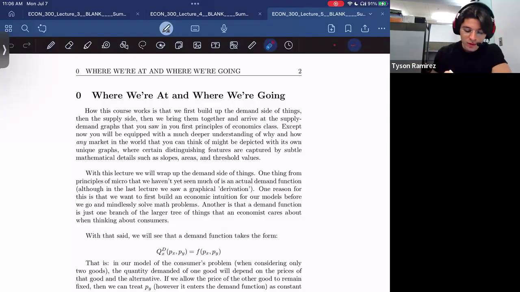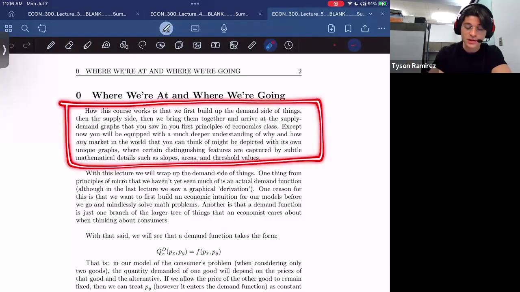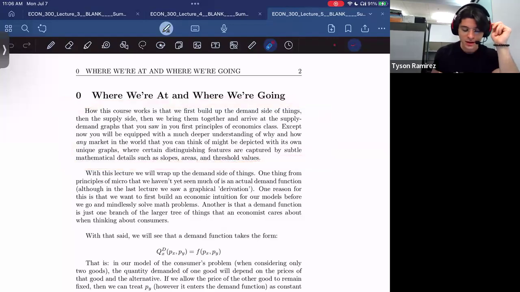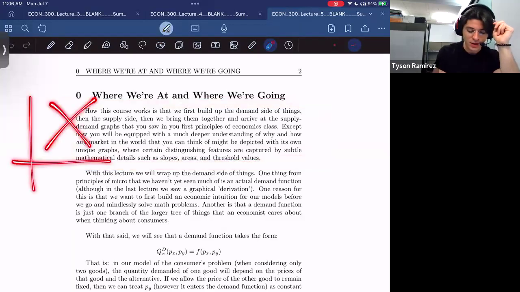But what I really want to emphasize is that the first thing we're going to do, and we have been doing, is building up the demand side of things, all right? And then we will build up the supply side of things. We will talk about firms and why the supply curves look the way they do. And then we will bring them together and we will get the classic canonical supply demand graphs.